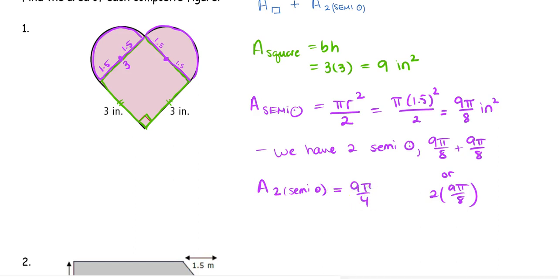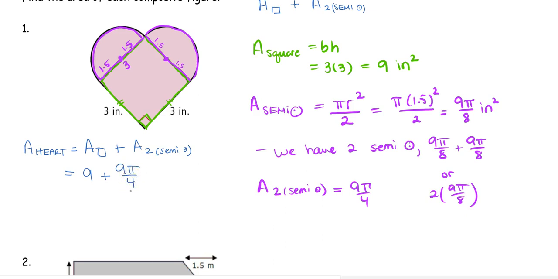So now we have all of the pieces that we want. The area of our heart, and remember we broke it down because we don't have a formula for a heart. We take the area of the square and we're adding that to the area of the 2 semicircles. The square was 9. The 2 semicircles are 9 pi over 4.